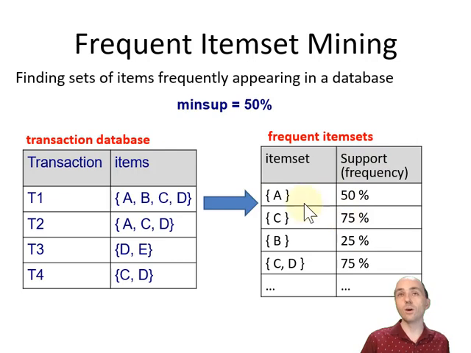Okay. So here we find that apple is purchased in at least 50% of the transactions, because apple appears in 2 transactions out of 4. Okay. Cake appears in 75% because we have cake, cake, and cake, 3 out of 4 transactions. And we have cake with another product D 75% of the time.